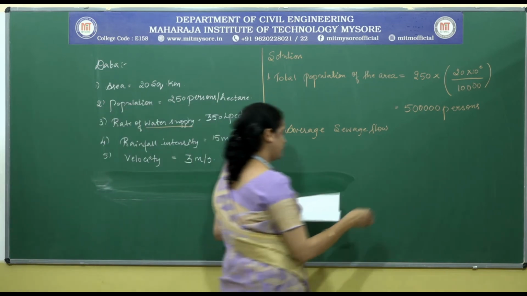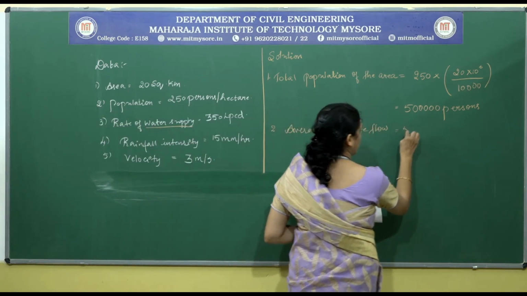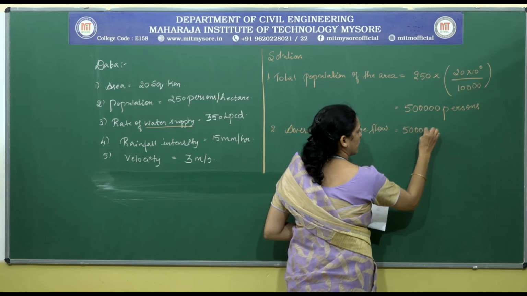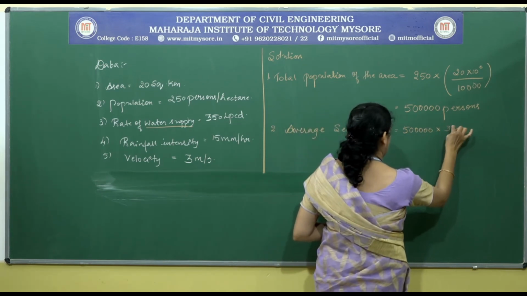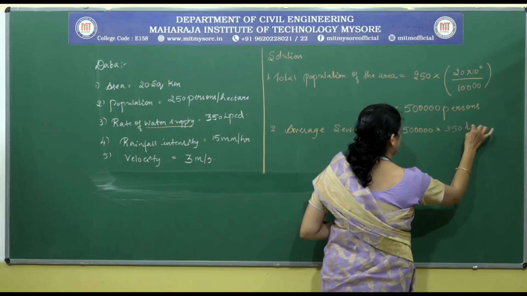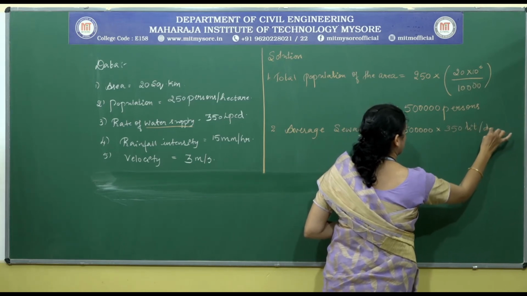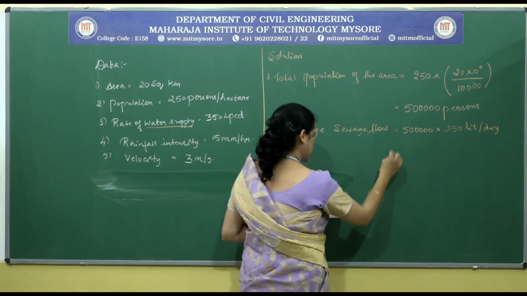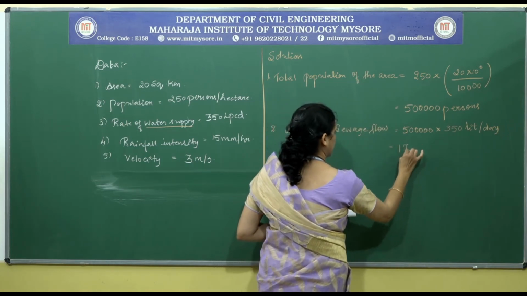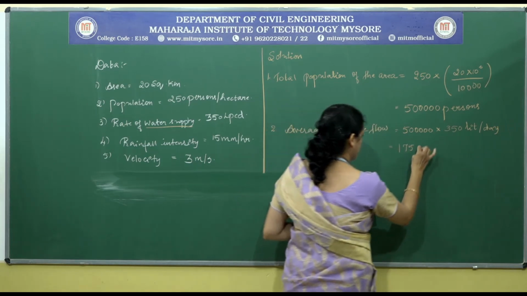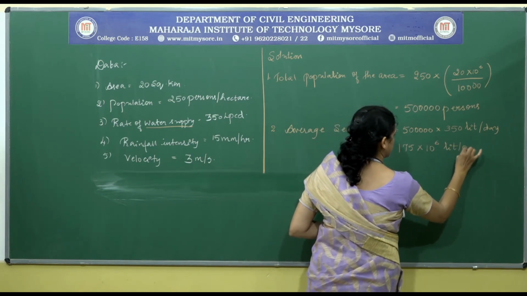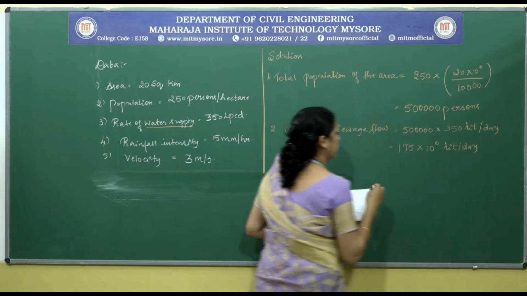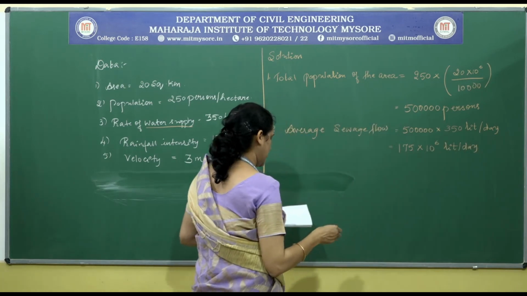It is 5 lakh population into 350 liters per day, which means to say it will be around 175 into 10 power 6 liters per day, or 175 million liters per day.